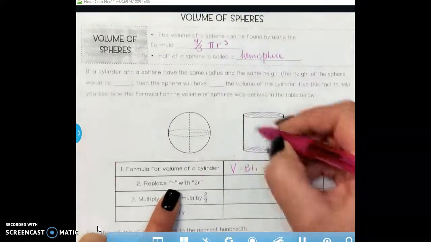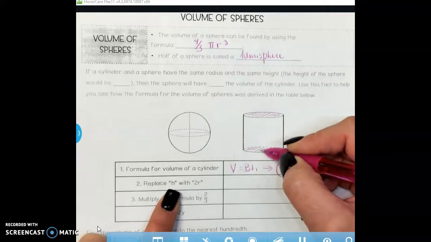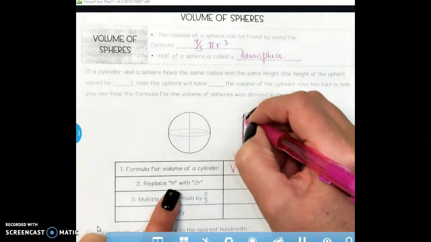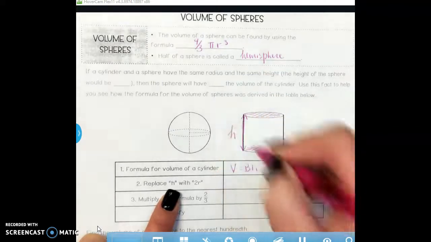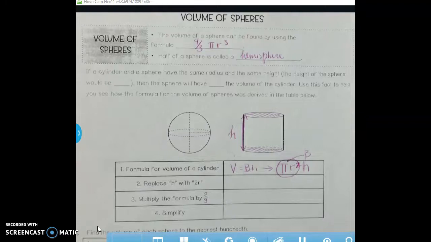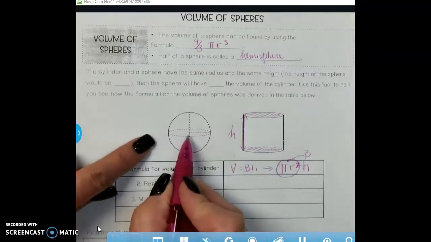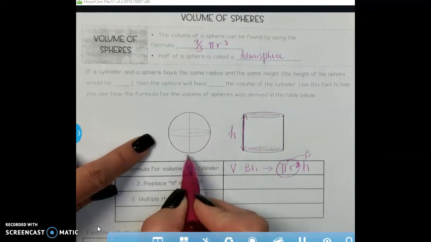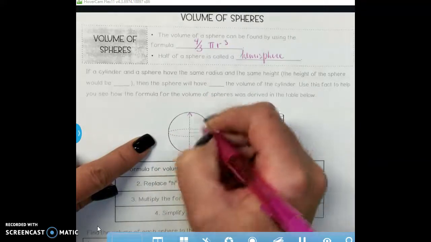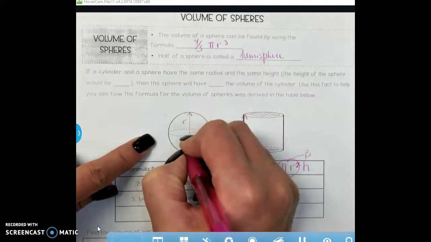With our previous analysis, these are the two bases of our cylinder, so the height is the distance between the two bases. That's what we refer to. When we come back to our sphere, from this value to this value is r, and this is r.